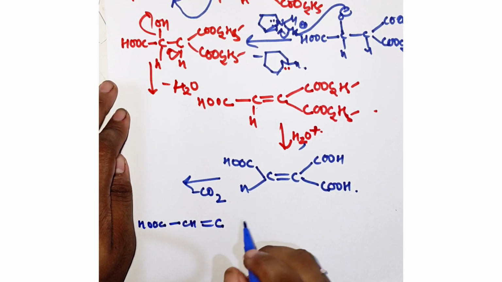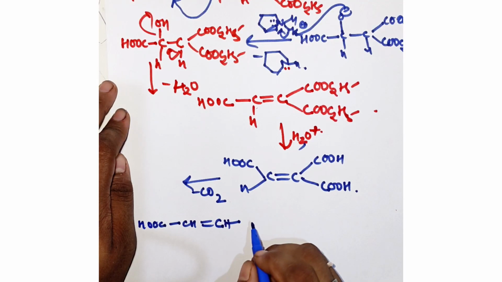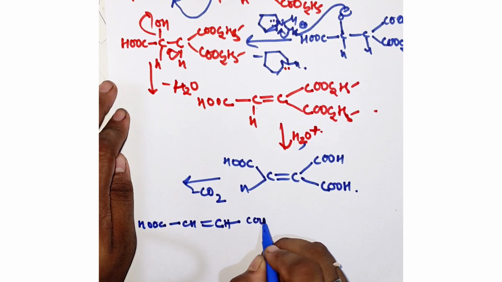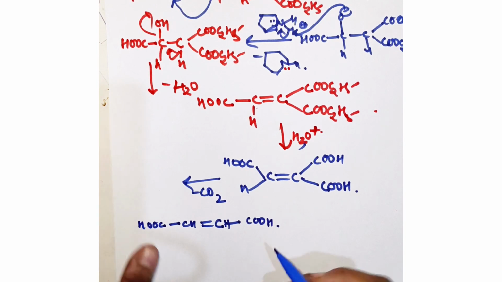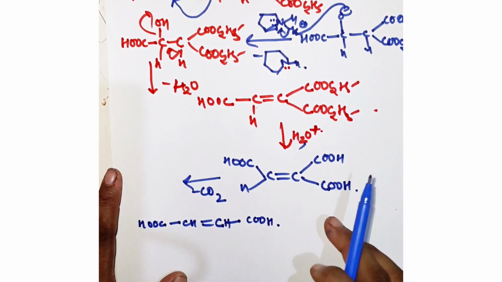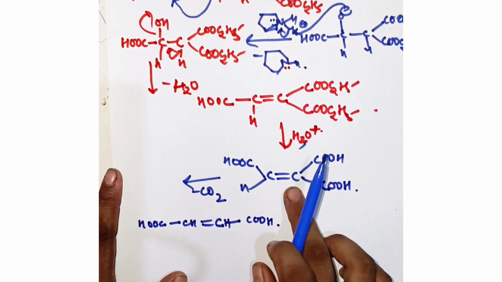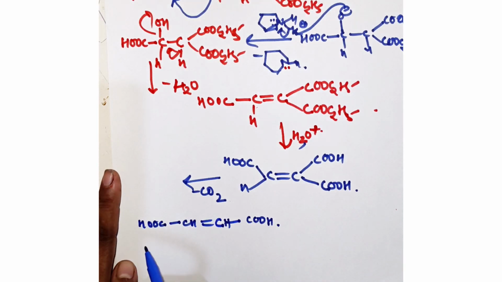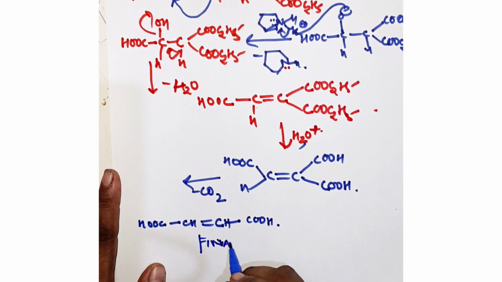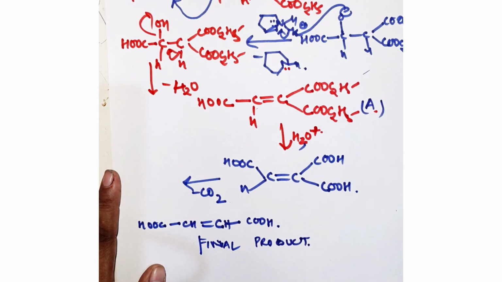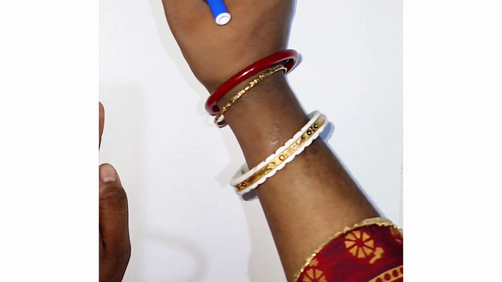HOOC, CH double bond CH, COOH. Okay, here see, if one carbon dioxide molecule goes out, this hydrogen is going to go and add out here, right? So this is the final product B, and A is the product before hydrolysis.